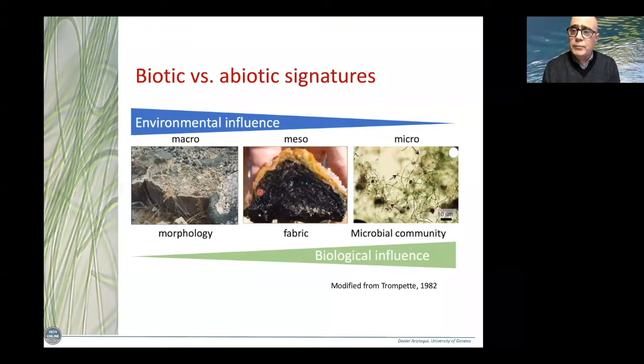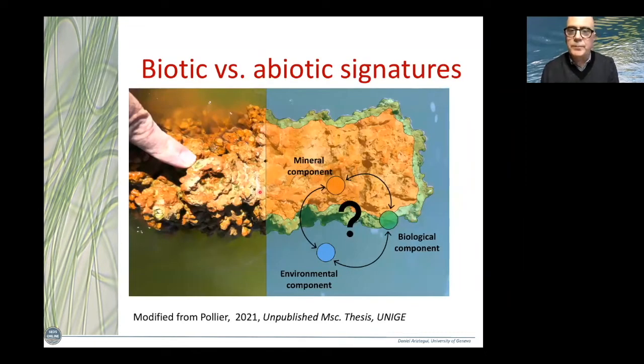Of course, further work has shown that this is not always the same, that it can change, but it still shows the complexity of this kind of interaction between the biotic and abiotic processes.